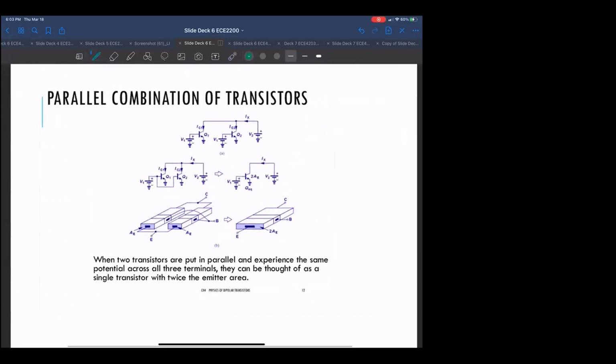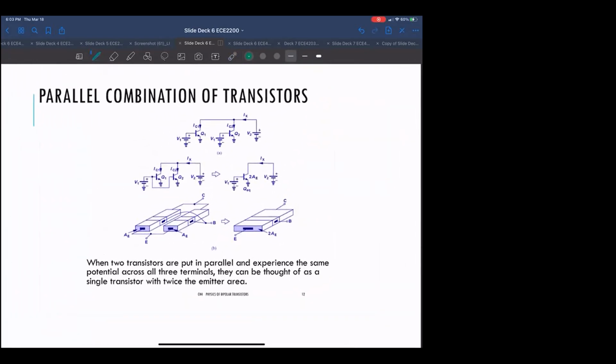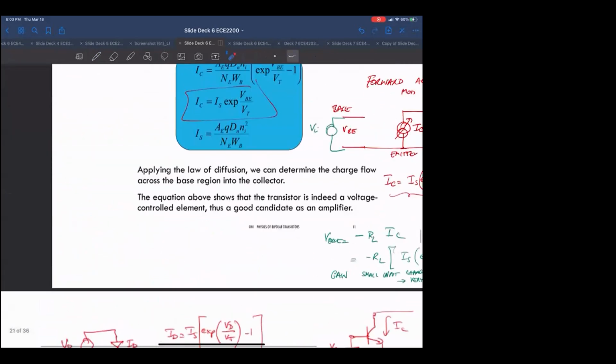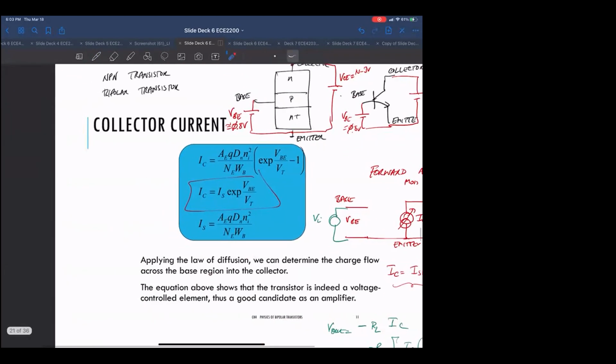As an aside, we can come back to this later, but if you want more current from a transistor, you can put them in parallel. As long as they're fully in parallel, remember one of the terms in this I sub C, before we put it all into I sub S, is the area of the emitter.